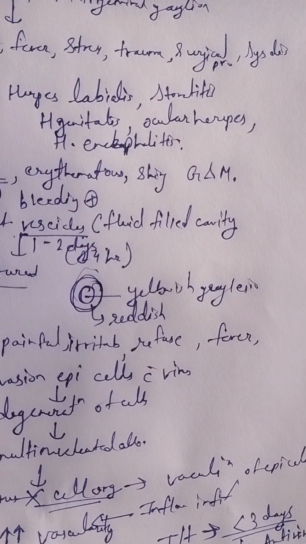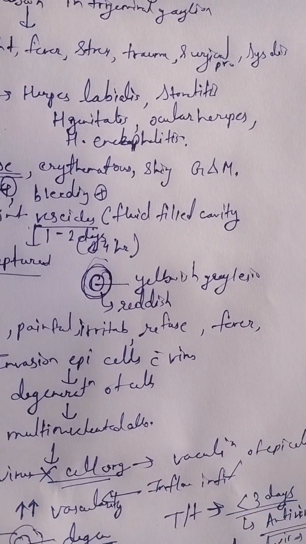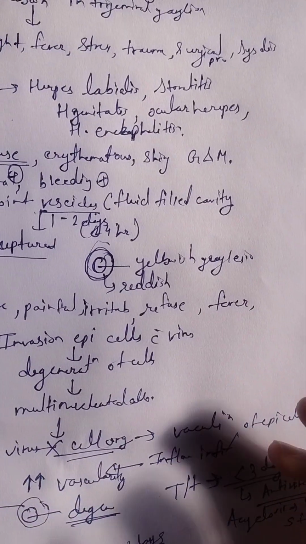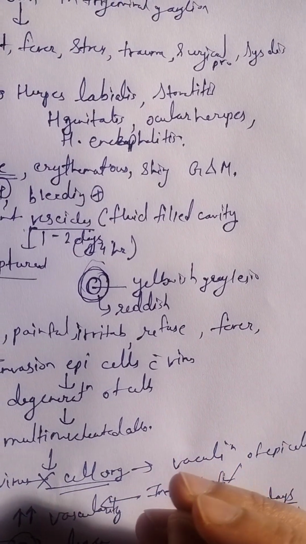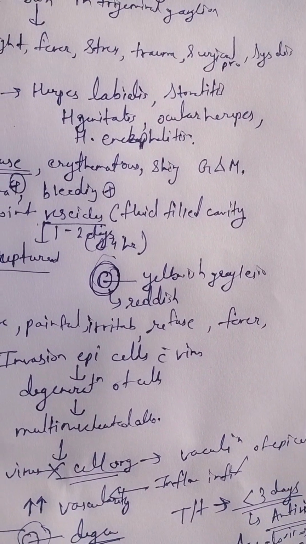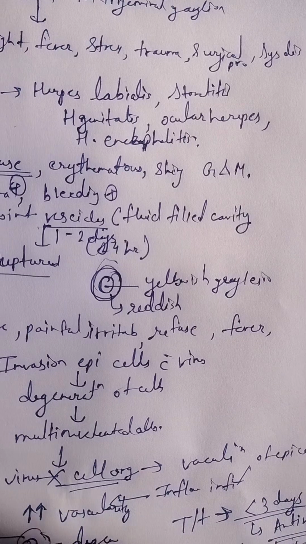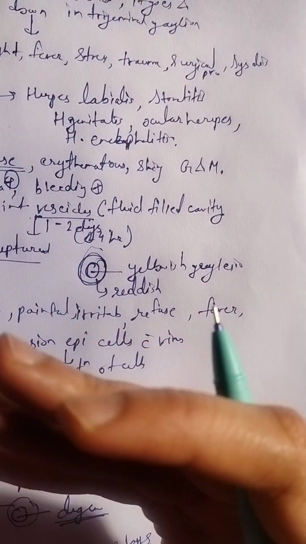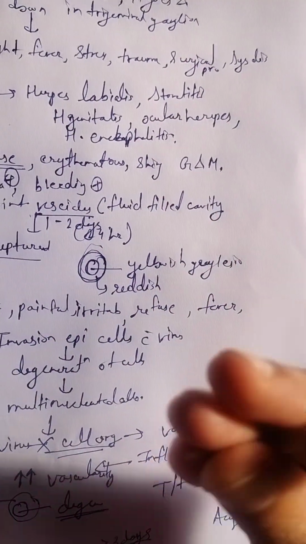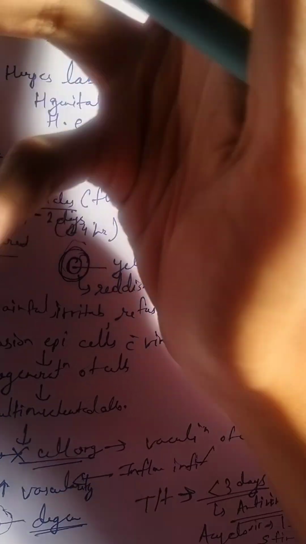In that, you have to remove the plaque, calculus, debris, give NSAIDs for the fever and pain, and give local or systemic antibiotics for prevention of opportunistic infection, mostly in immunocompromised patients.